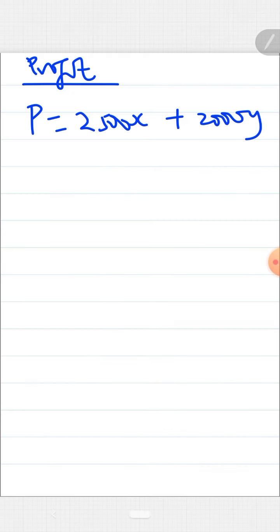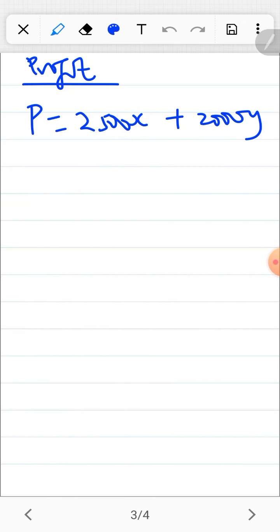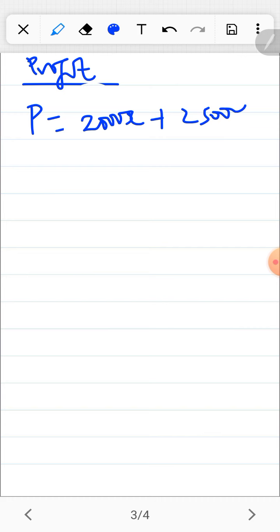Did I get it right? No, it's 2000 and 2500. So 2000x plus 2500y. That's the profit equation.